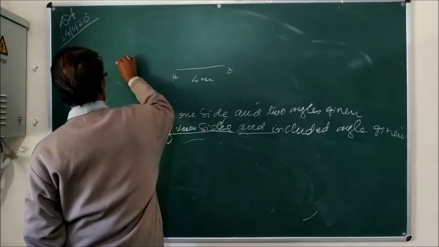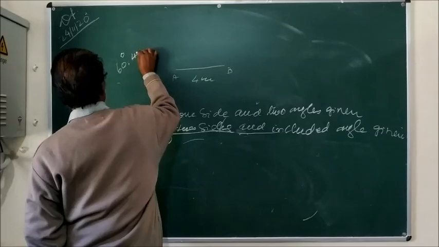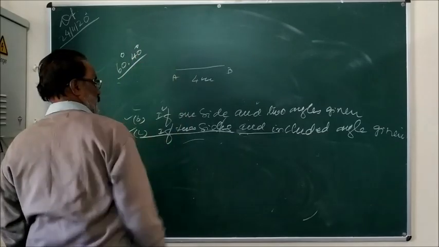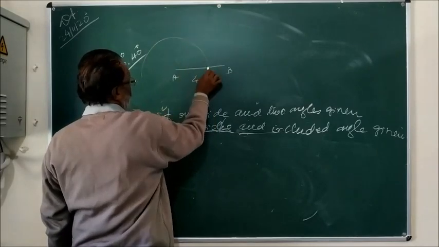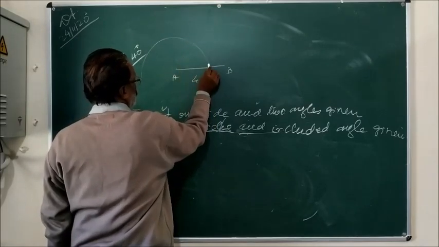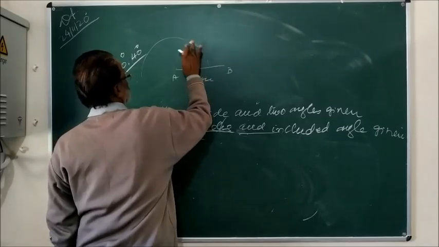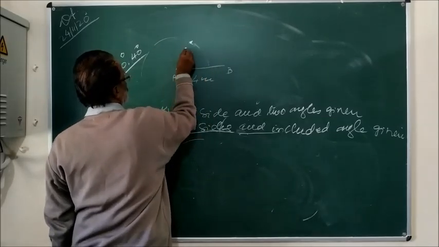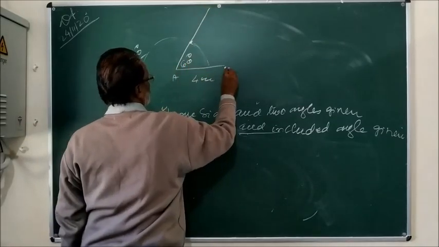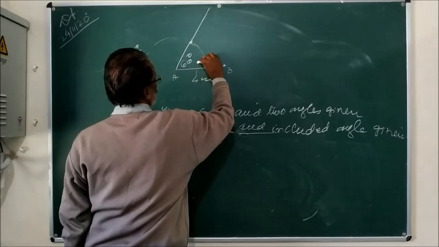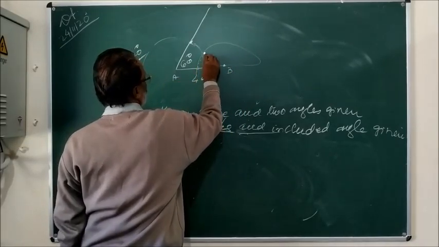The angles given are suppose 60 degrees and 40 degrees. Whatever is given in the question, you make an angle of 60 degrees. You place the protractor here and measure 60. Remove it and draw. This will be 60 degrees. Now for 40 degrees, you place the protractor here and measure from here.